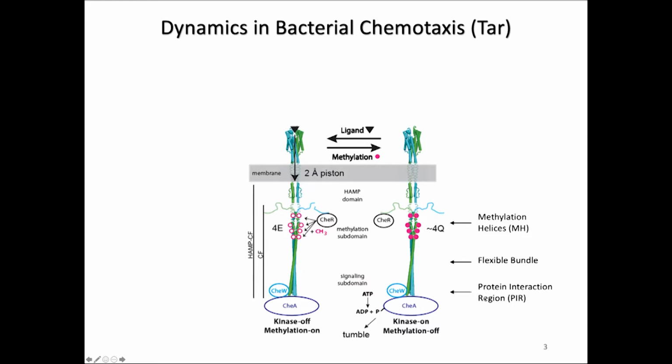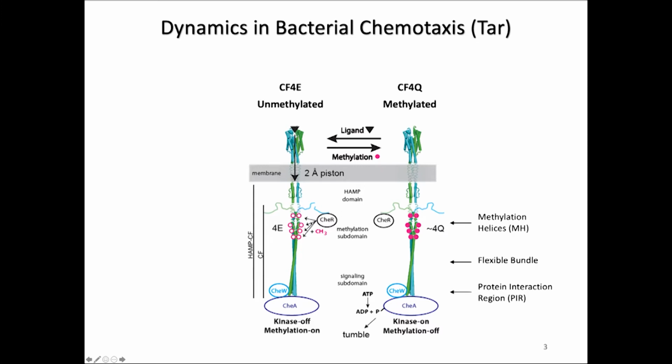Now, depending on whether the ligand is bound or unbound, the kinase switches on or off. And if it's on, the bacteria starts to tumble towards its food source. Now, this particular reaction is also coupled with an important reaction, which is the methylation of the receptors.